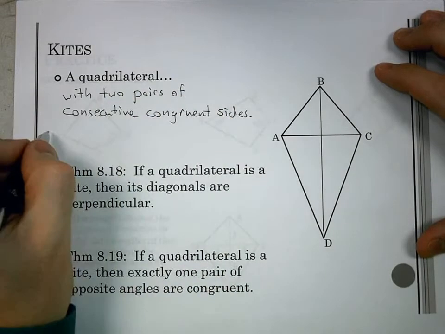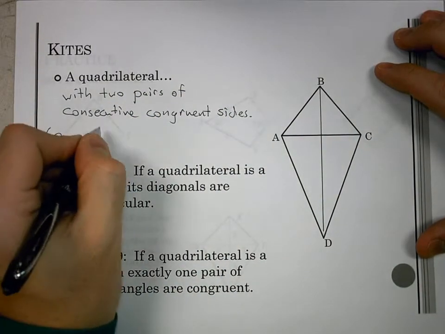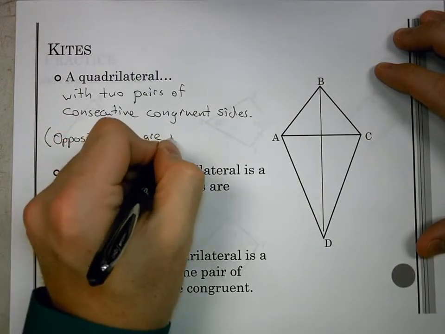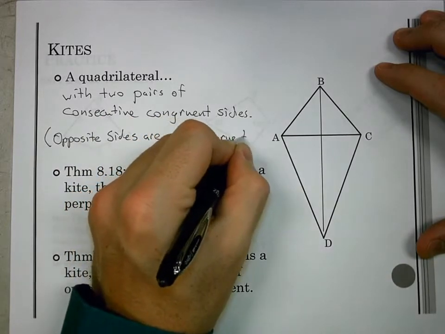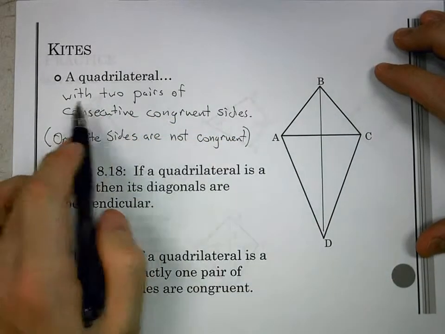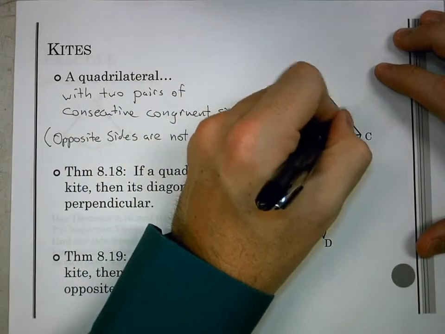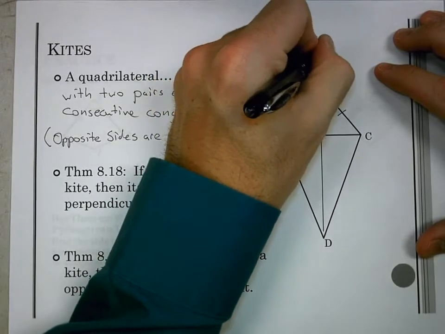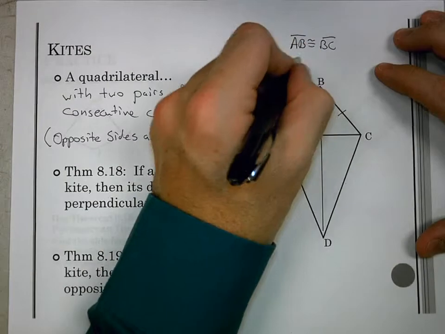We have to make a note here that opposite sides, though, are not congruent. Now let's see why. So two pairs of consecutive congruent sides. So I have AB and BC are congruent. I'm also going to say that AD and CD are congruent.